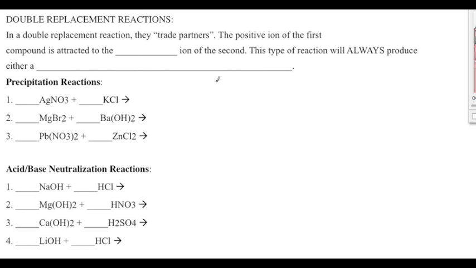But specifically, and I showed this at the very beginning of this unit, what's going to be happening is that the positive ion of your first compound is going to be attracted to the negative ion of your second compound.